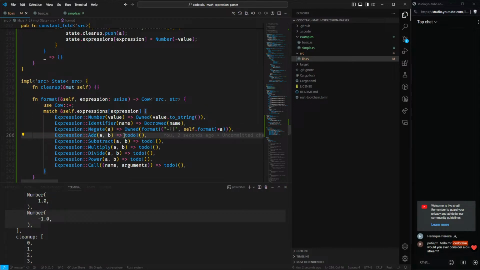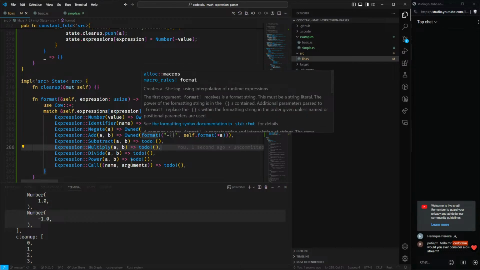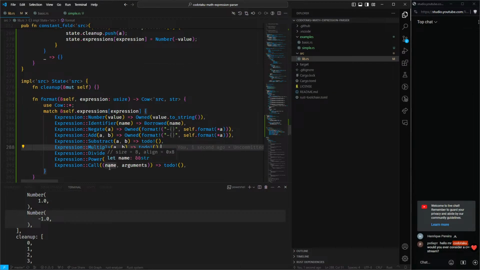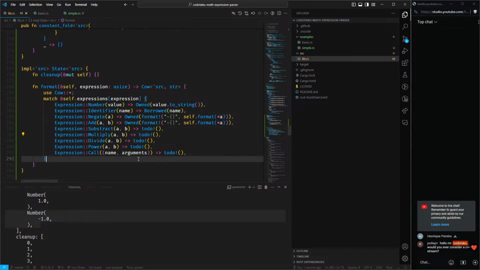Okay. And now we're gonna basically do the same thing with the other ones, kinda. Owned. Okay. We're not gonna be able to actually benefit from that cow here in neither. We can only benefit from it here. Because we're gonna have to append the arguments, and so we have to allocate a new string anyways.